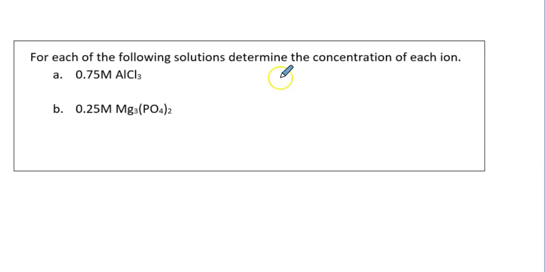For each of the following solutions, determine the concentration of each ion. We're just doing some more of this. Pause the video, try it out. The aluminum is 0.75 molar, and the chloride, that's 0.75 times 3, so 2.25 moles per liter.